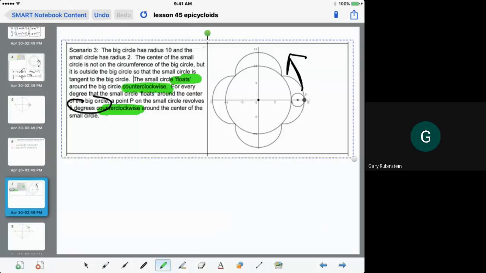The spinning, the rotation is counterclockwise, and the revolution, they're both counterclockwise. Anyone know what the secret to this one would be? How would we adjust what we've already done to make the equation for this one?